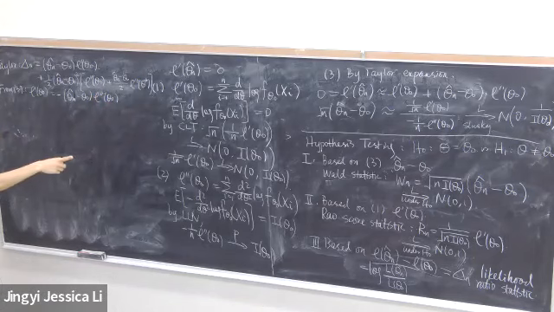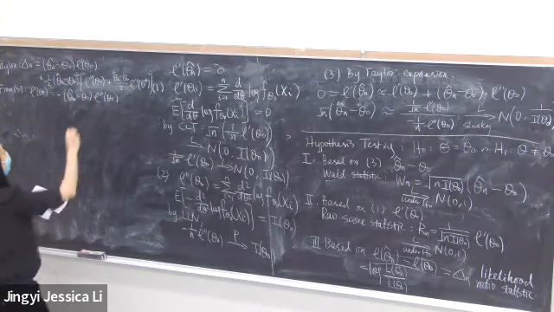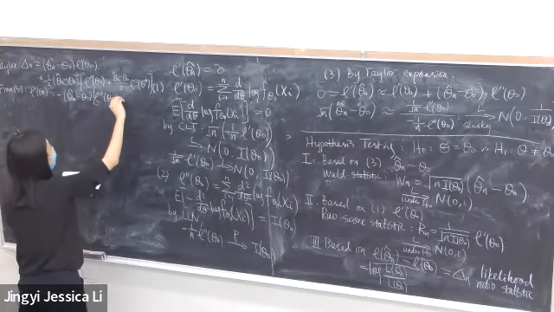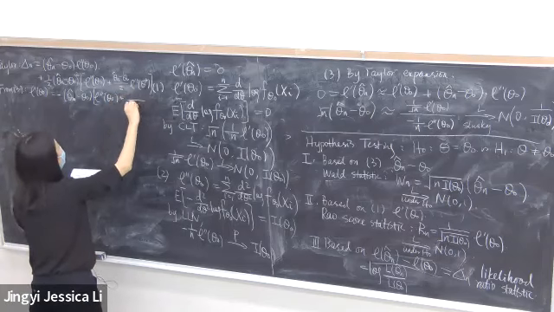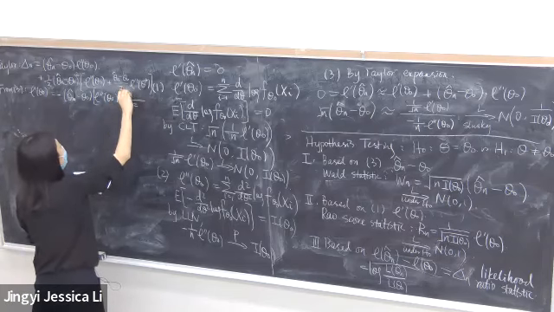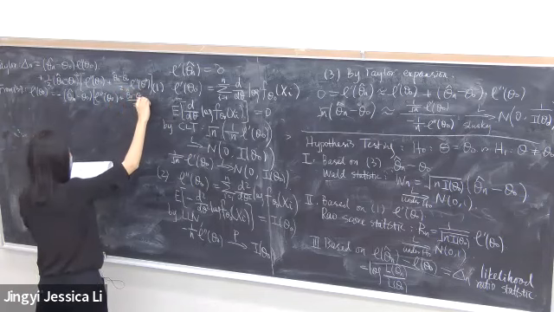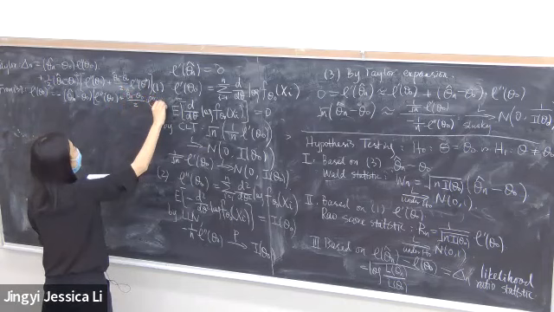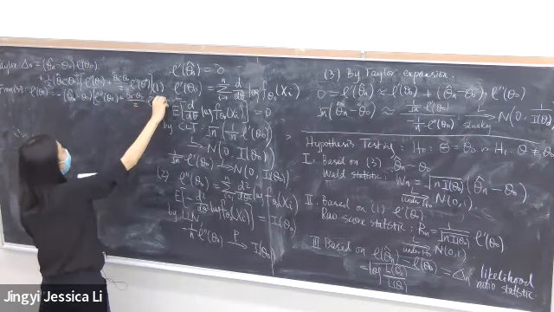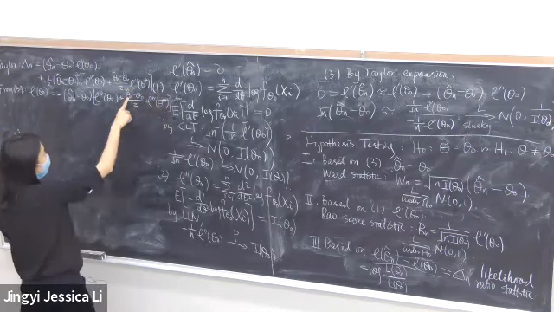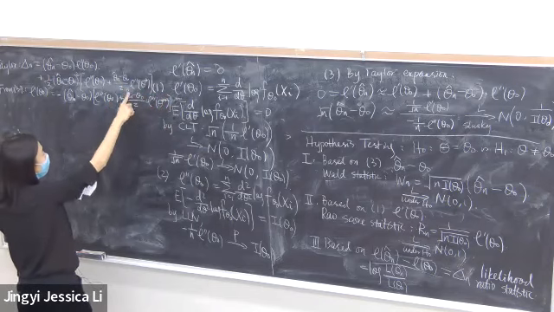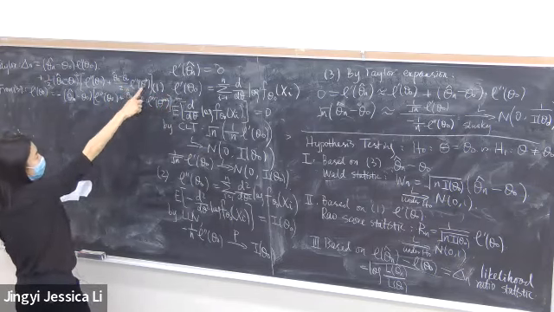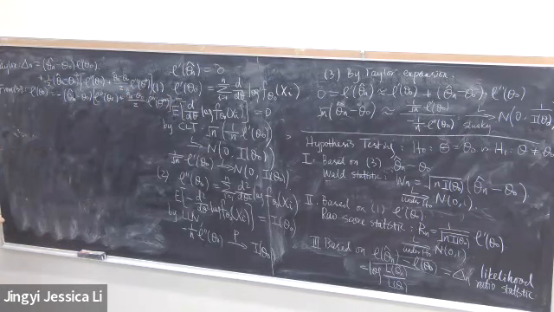And for the remainder I left there, I can put it back, plus 2 times theta hat n minus theta 0 times L triple prime theta star star, because this theta star star is also between theta hat n and theta 0, but it's not the same as theta star.